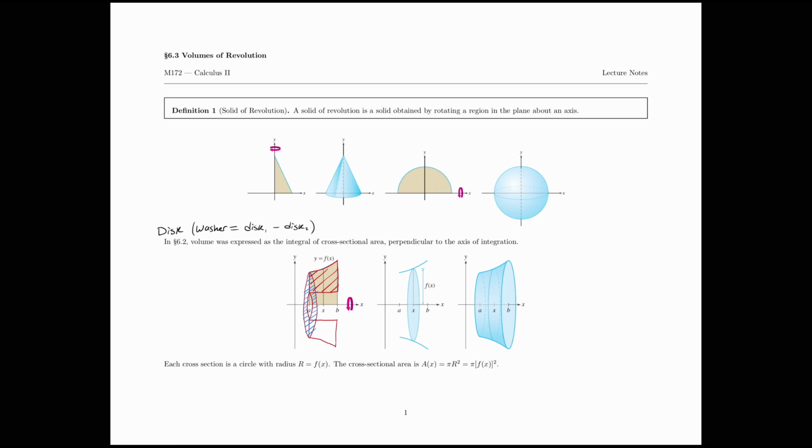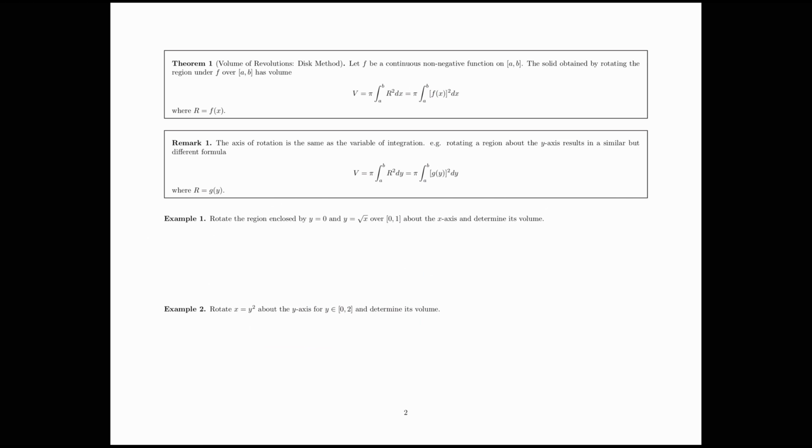Another way that this formula may not be valid is if you are rotating about a shifted axis. So instead of rotating about the x-axis, what if you were to rotate about the axis y equals negative 12? In these cases, this general formula doesn't hold true.